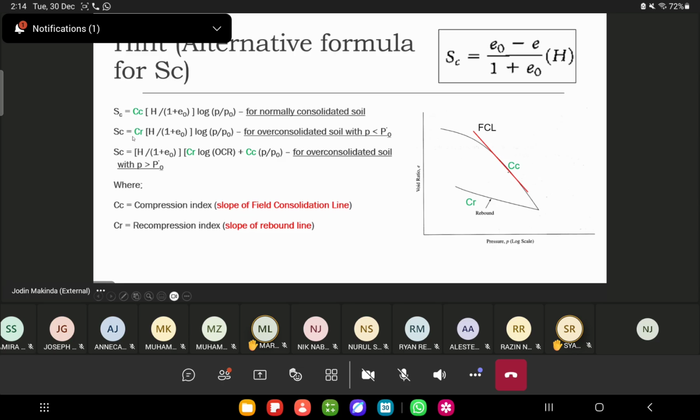This is more commonly used for over-consolidated clay. Therefore, there are several alternatives for SC. Either you use CC for normally consolidated, or CR for over-consolidated, or both CR and CC for over-consolidated soil where the current pressure is larger than the preconsolidation pressure. These are some of the alternative formulas for total settlement SC.